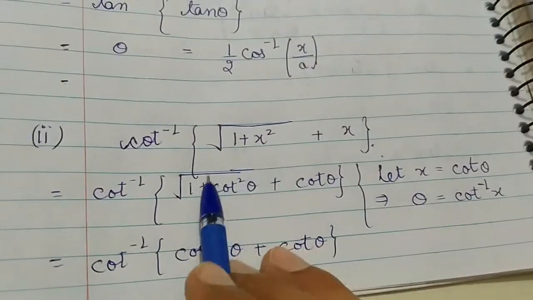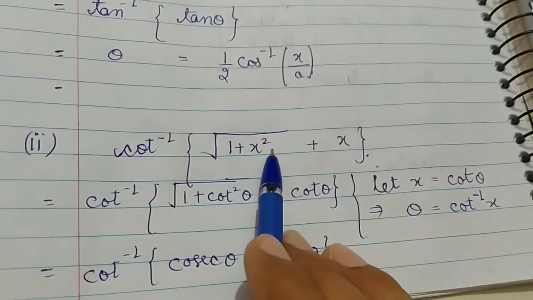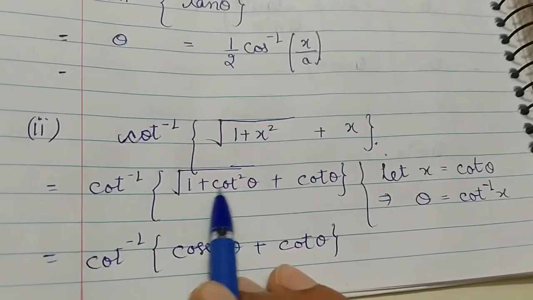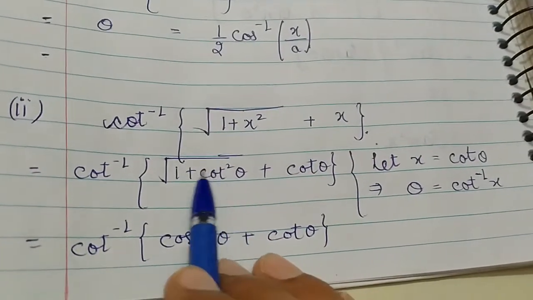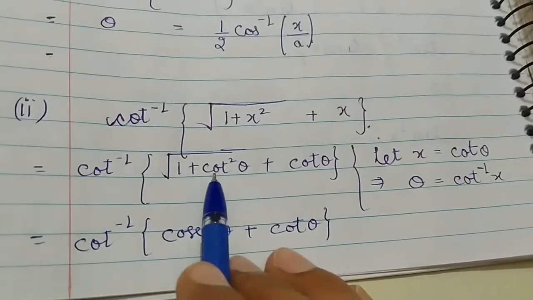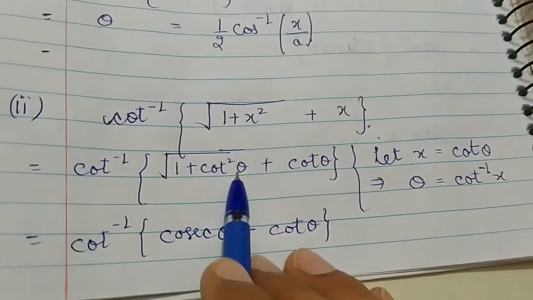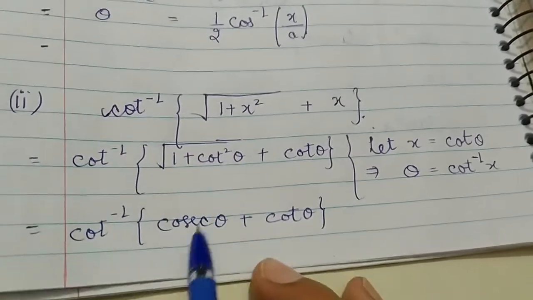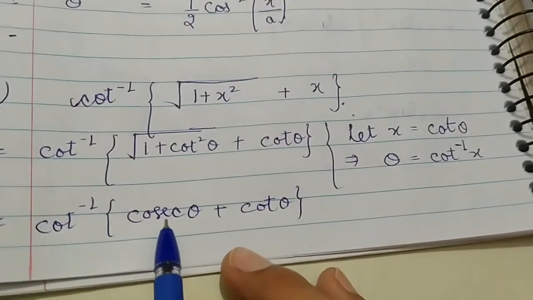When we apply this, root of 1 plus x square becomes root of 1 plus cot square theta. Using the identity 1 plus cot square theta equals cosec square theta, root of cosec square theta is cosec theta.